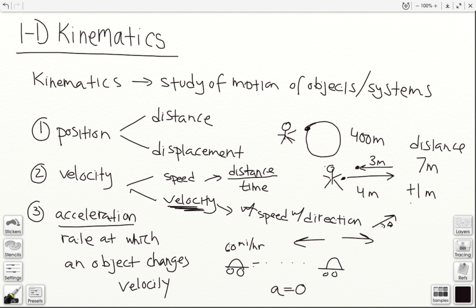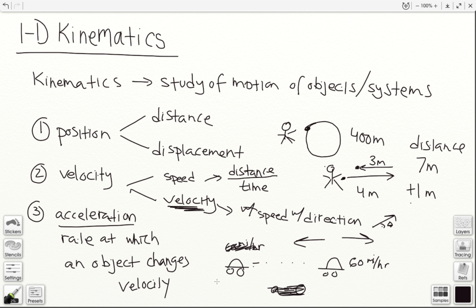Now let's say that the car instead is at rest, and then it starts to speed up and gets to a speed of, let's say, 60 miles per hour. In this case, the car has a positive acceleration. The velocity is increasing, and so it has a positive acceleration.